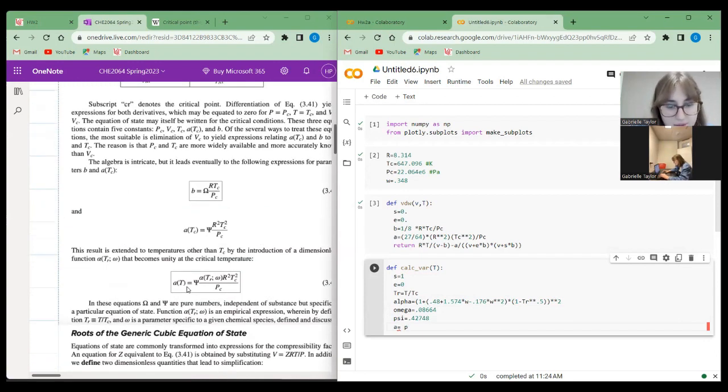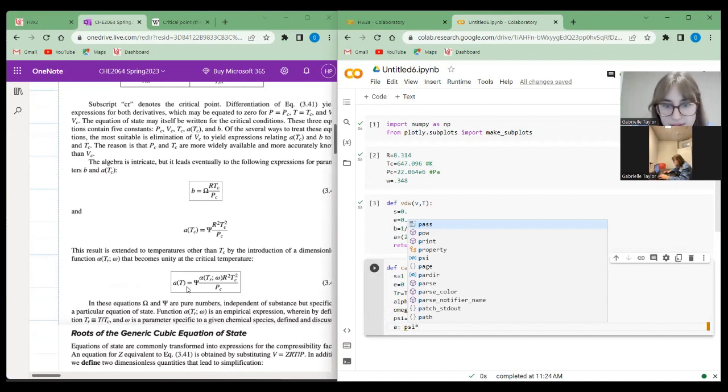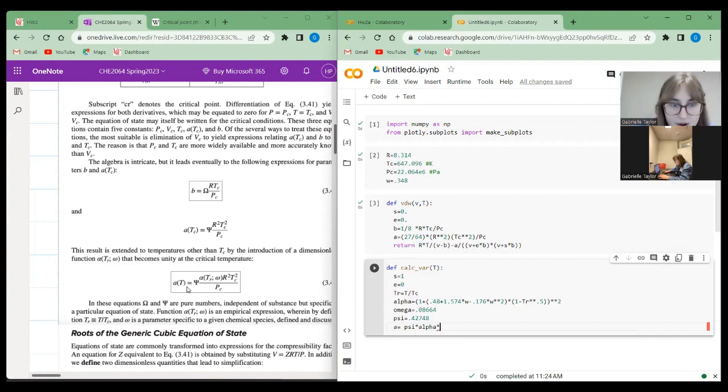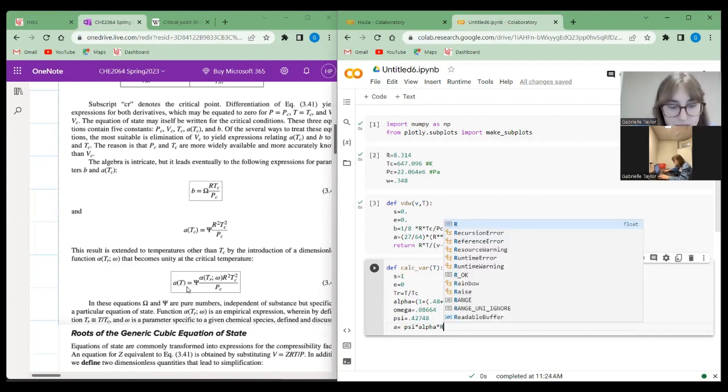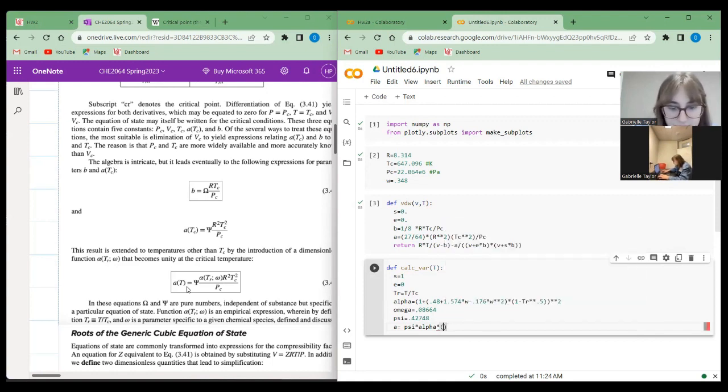So our A is going to equal psi times our alpha times R squared times our temperature at the critical point squared, divided by pressure at the critical point.